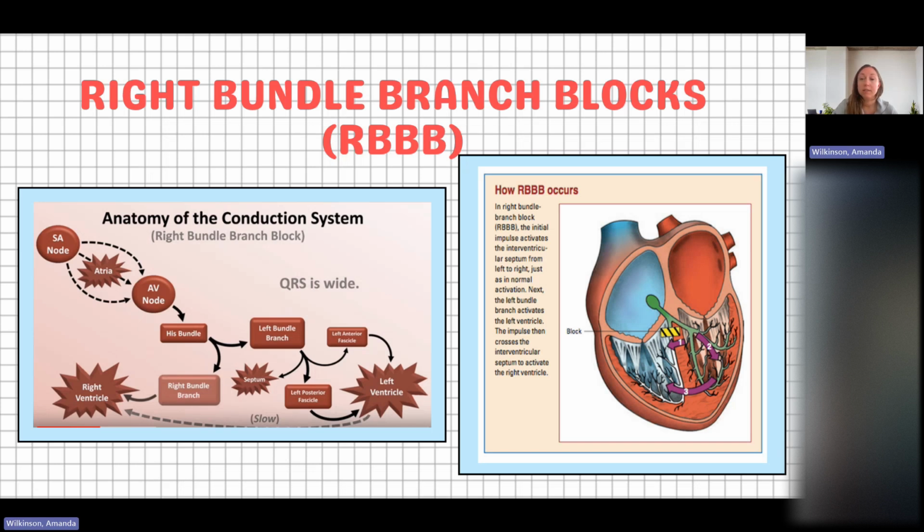Instead, the impulse has to cross the septum again and travel slowly through the myocardium to reach the right ventricle. This delay creates a second wave of depolarization, which causes the wide QRS complex and often the characteristic RSR pattern in V1, which I will show in a minute. So with right bundle branch block, septal and left ventricular activation are unchanged, but right ventricular activation is delayed. That's the key difference between the two.